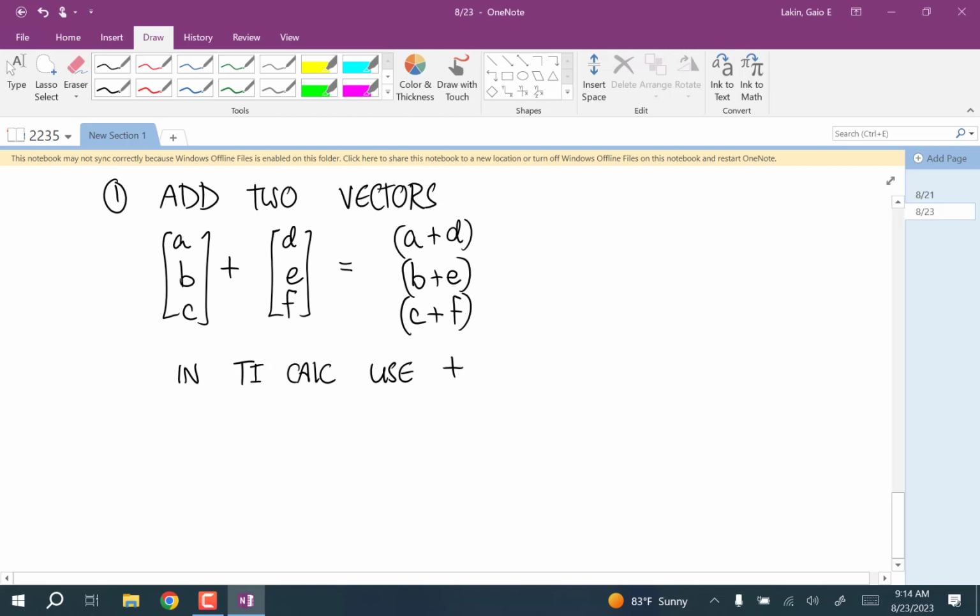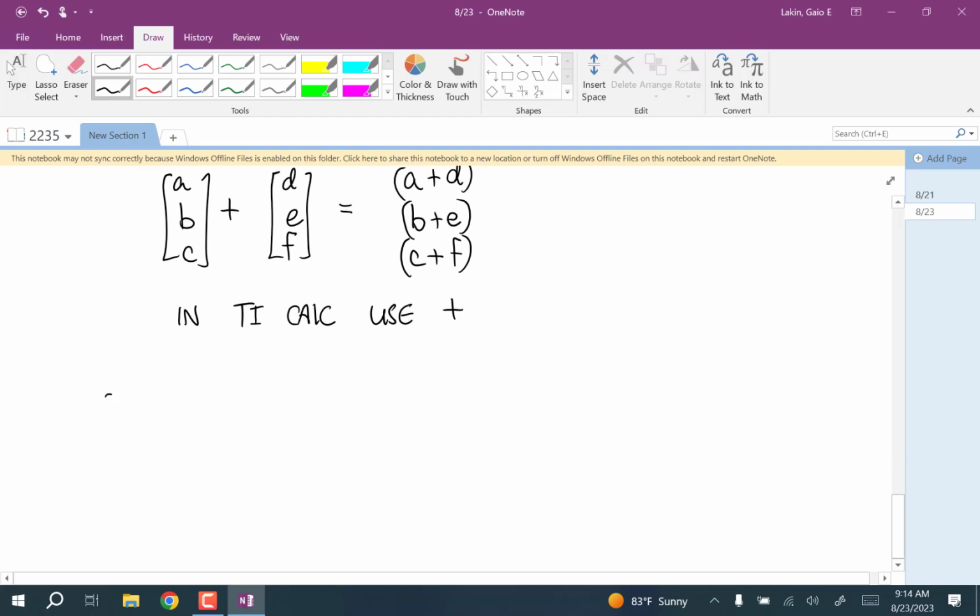To multiply a vector by a scalar, by a number, so a scalar, that just means a number.